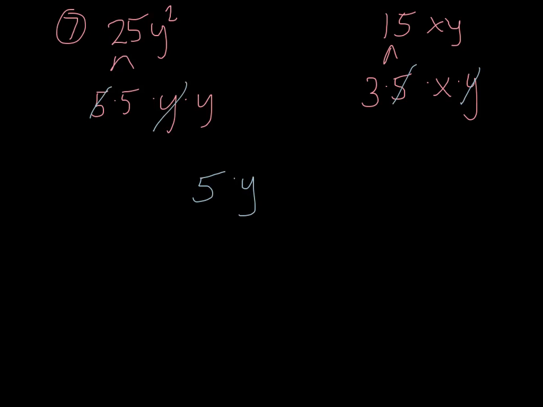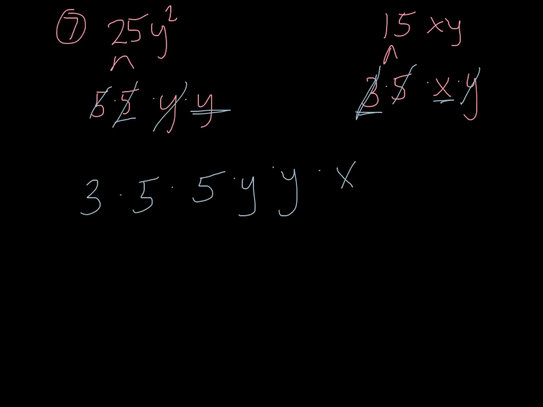Then I don't see that they have anything else in common, so now I'm just going to go through and write down the leftovers. So I have a 5 left over. I have a 3 left over. I have a y left over and an x left over.